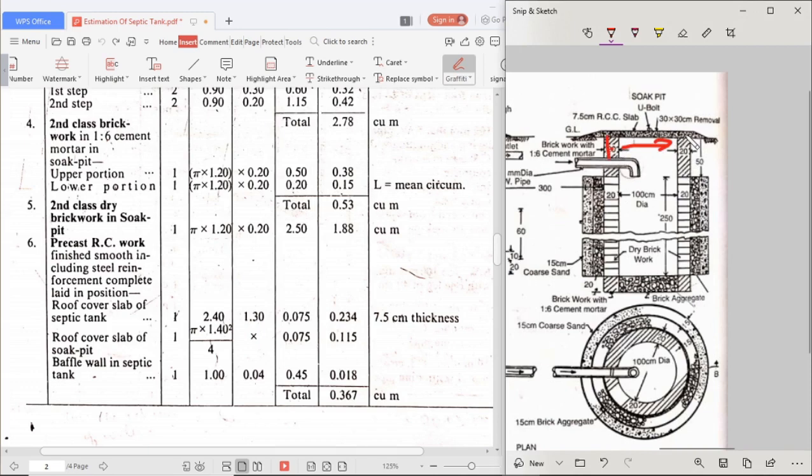But second class brickwork is there, no? For this second class brickwork in 1:6 cement mortar in the soak pit, we will calculate differently.